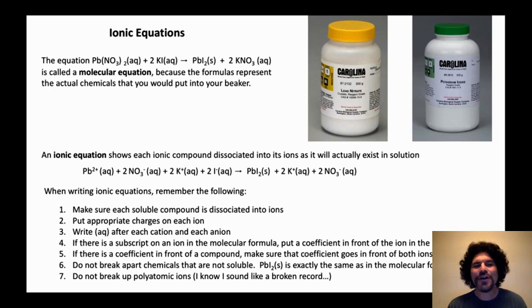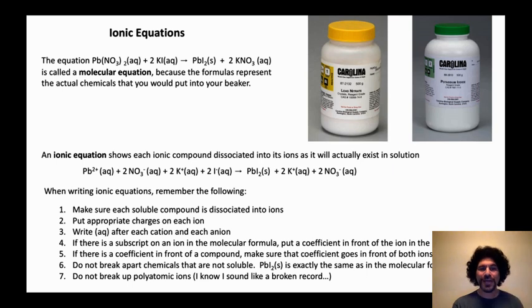Okay, so then if there is a subscript on an ion in the molecular formula, okay, so the subscript of 2 for lead nitrate, you need to put a coefficient in front of the ion in the ionic equation. So that's why we took that 2 that was a subscript and now put it in front of the NO3 of nitrate. If there is a coefficient in front of a compound in the molecular equation, such as the 2 in front of KI, you want to make sure that coefficient goes in front of both of the ions in the ionic equation.